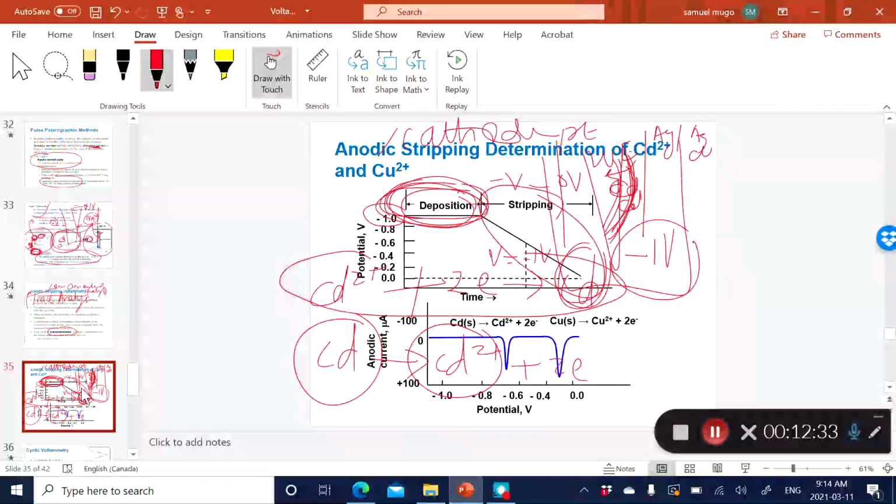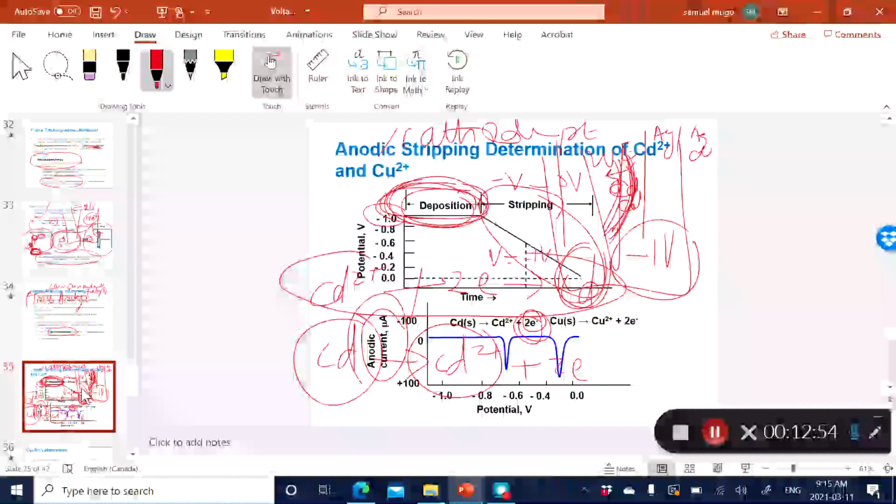And as I'm doing that, I'm measuring my current using my potentiostat, so I'm detecting the anodic current that results from the oxidation process when I'm doing the stripping.